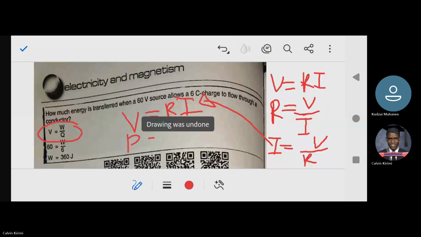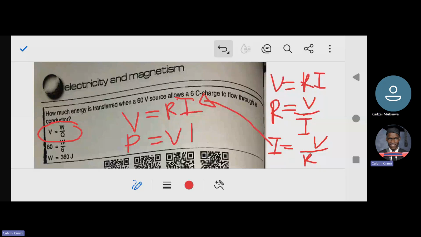Power is equal to what? Voltage. You have not. Hello? We haven't learned about power just yet, so I don't know the formula.